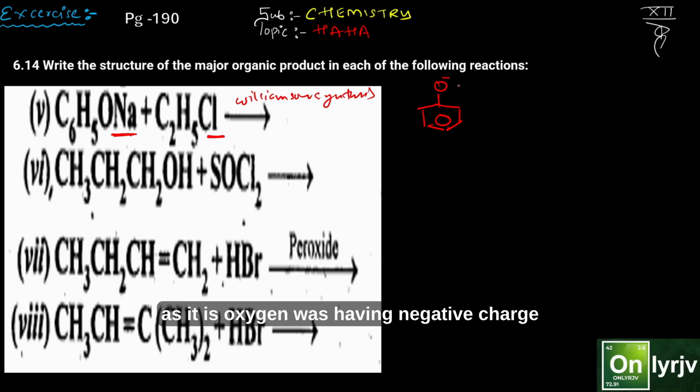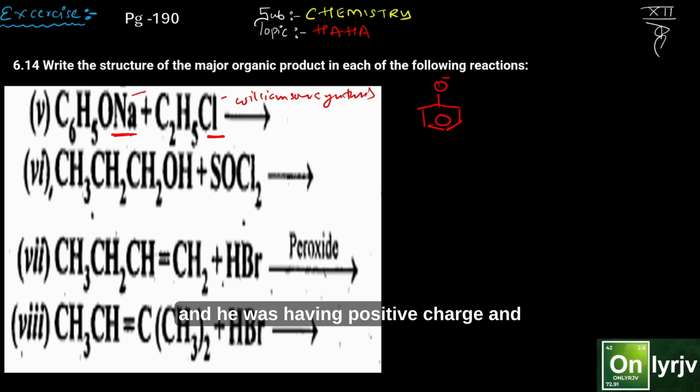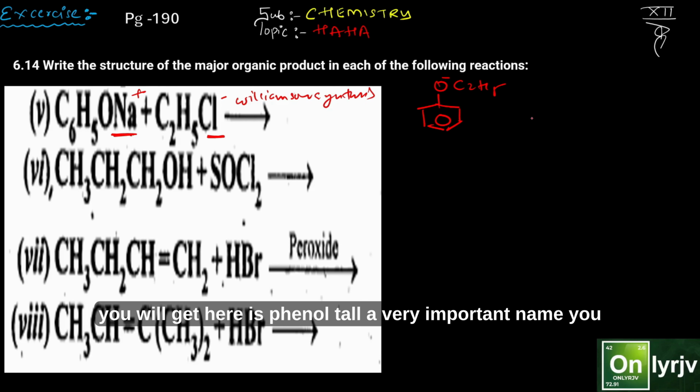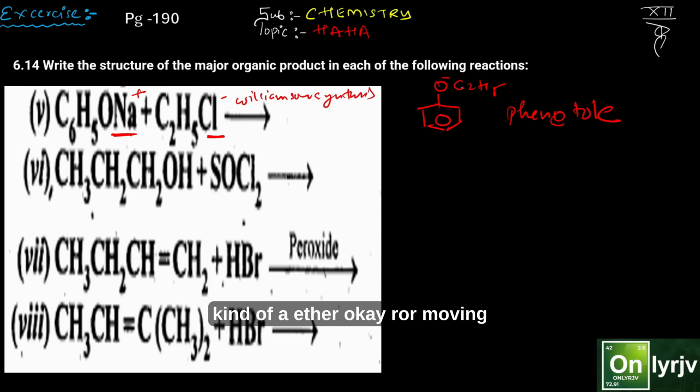Oxygen had a negative charge and sodium had a positive charge; Cl has a negative charge and Na had a positive charge. And C2H5 will combine here. What you will get here is phenetole, a very important name. C6H5OC2H5 is a kind of ether, ROR.